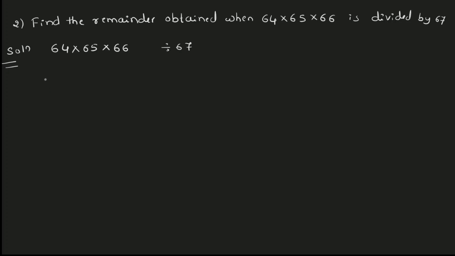So you can write 64 as minus 3 mod 67. Why am I writing minus 3 mod 67? Because whenever 64 is divided by 67, since it is smaller than 67, the remainder is either 64 or minus 3.